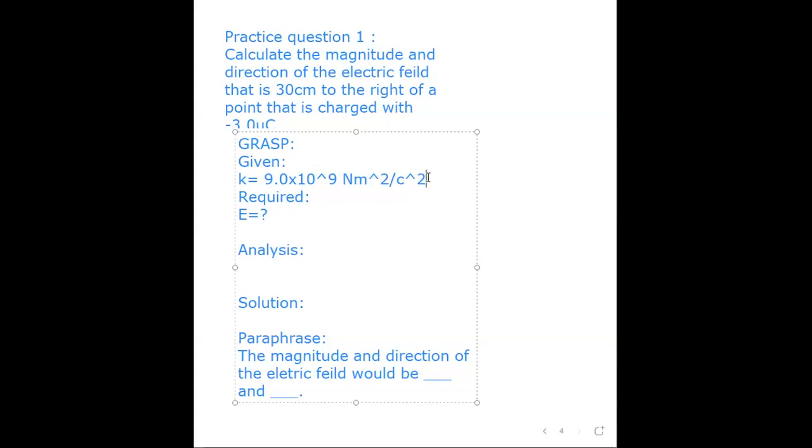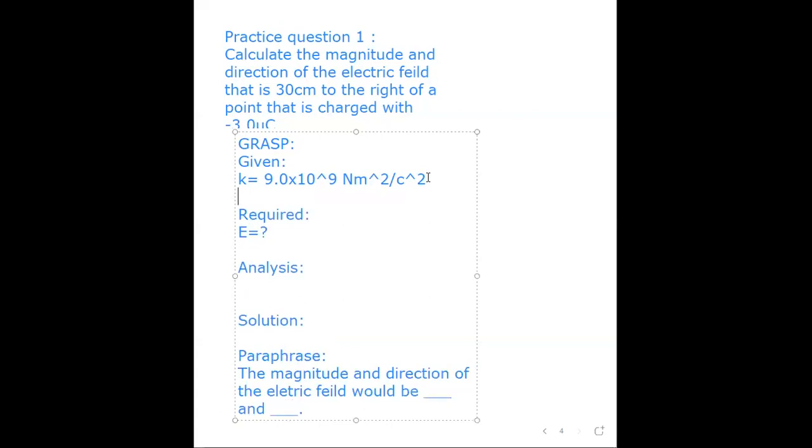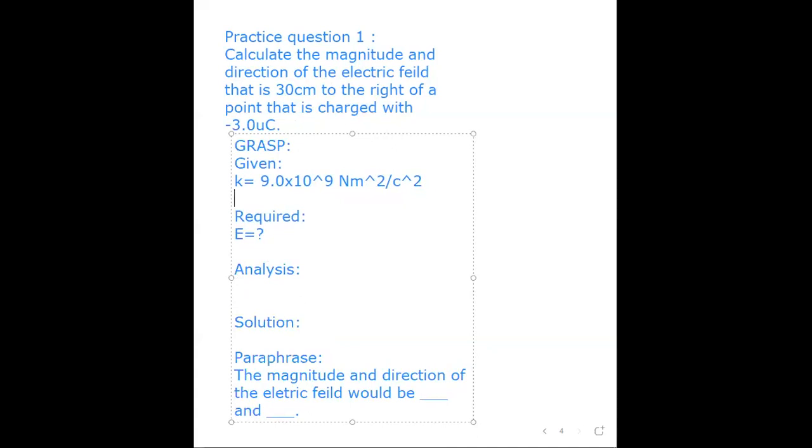What else are we given? Let's read the question again. Let's back up for a second and understand what the question is asking. There are two charged particles, and an electric field is created between two charged particles.